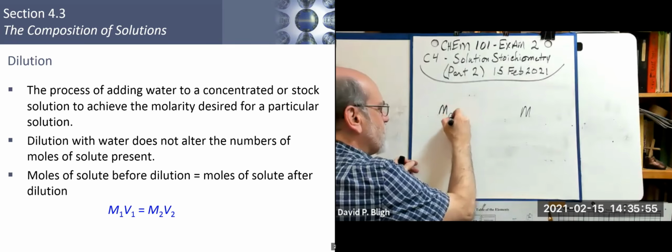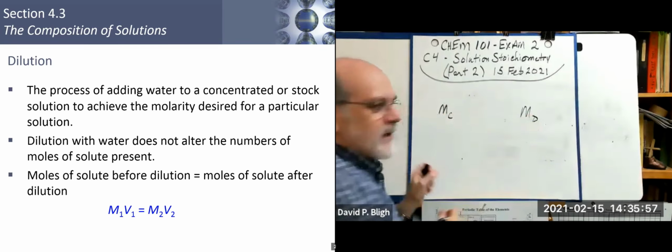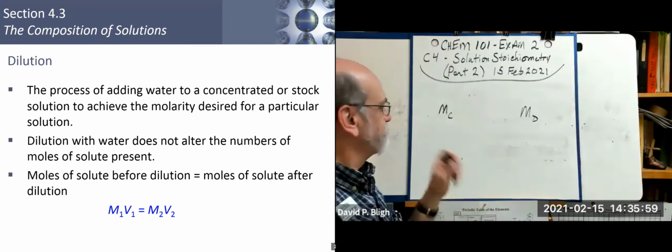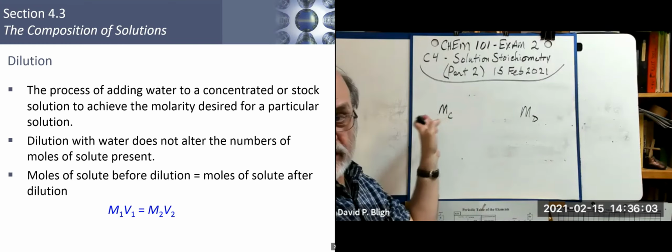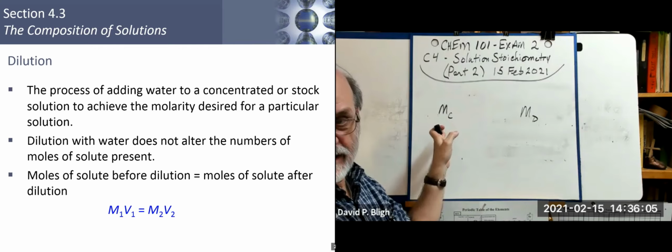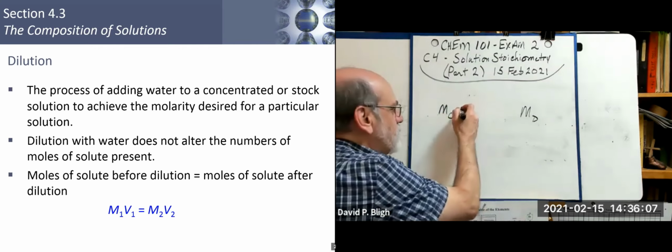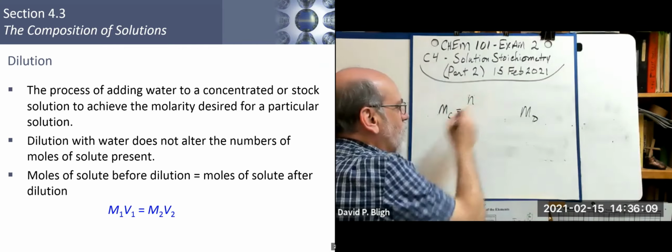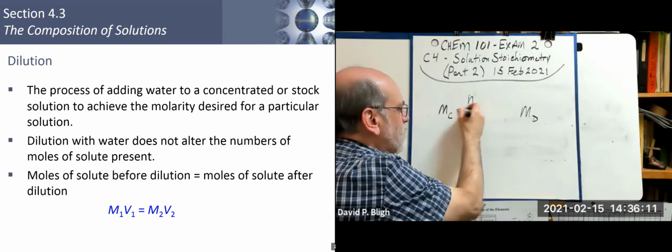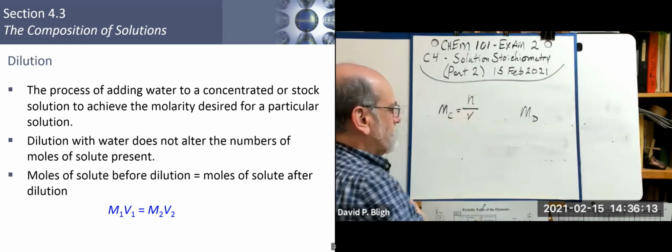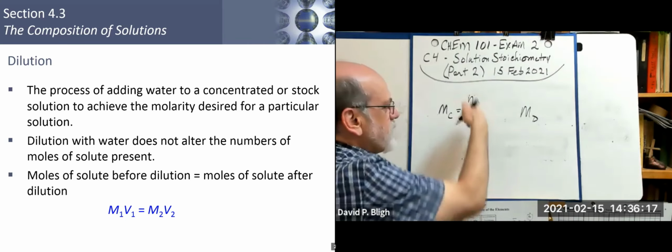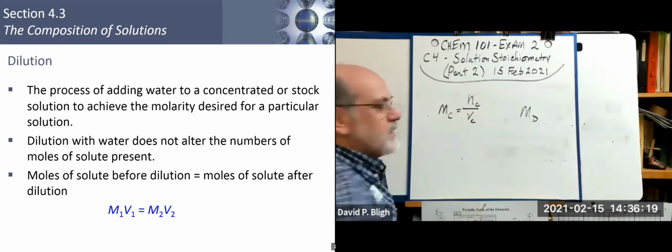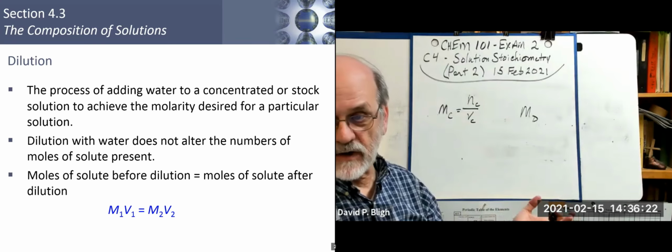This is concentrated and this is dilute. How about that? So now, what would this expression look like if we broke it down? It would be the number of moles per a unit volume, right? So the volume of the concentrated gives us so many moles of the concentrated.